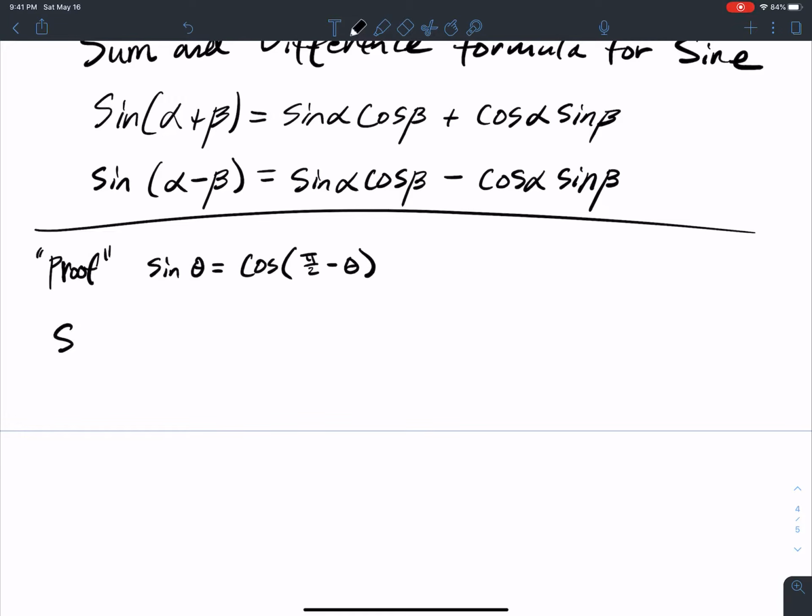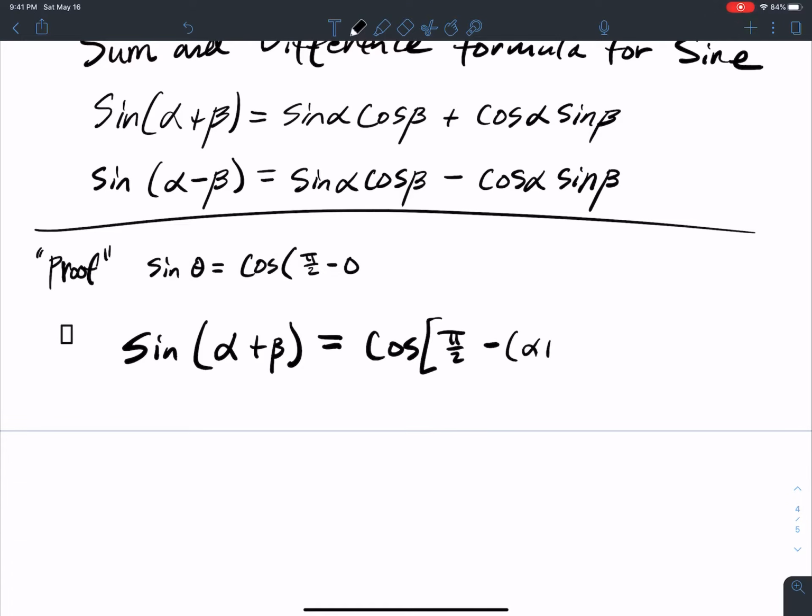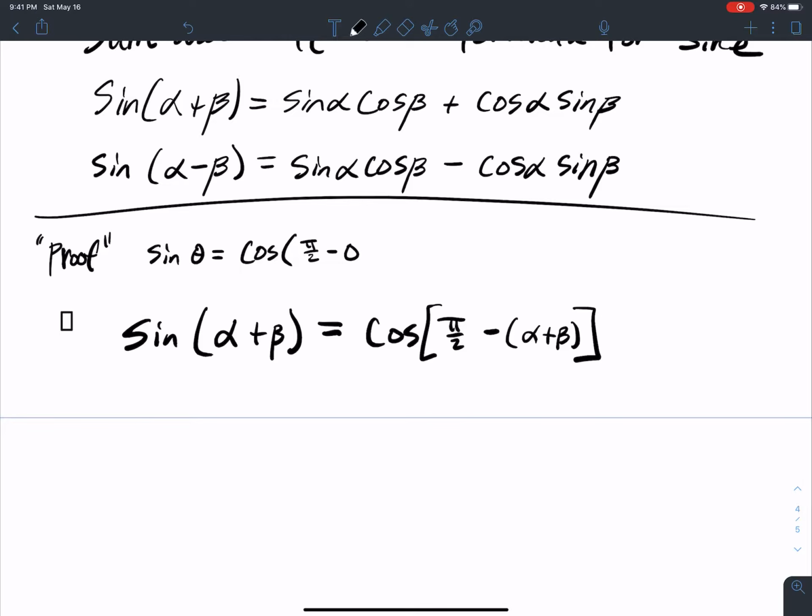So if I do the sine of alpha plus beta, this is equal to the cosine of pi over 2 minus alpha plus beta. Okay. So doing a little bit of algebra, this is equal to the cosine of pi over 2 minus alpha and then minus beta.